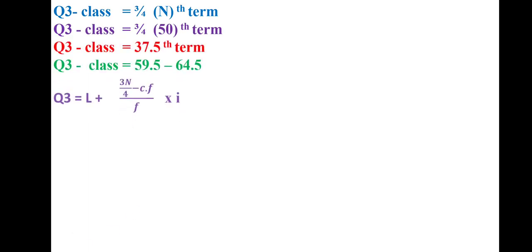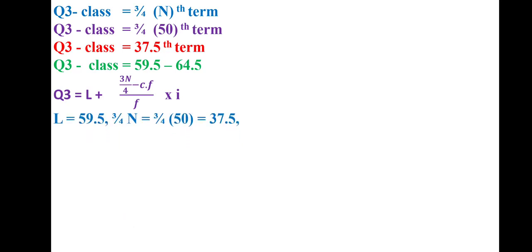Now we use the formula: L plus (3n by 4 minus CF) divided by F, into I. L is the lower limit of the Q3 class, 59.5. 3 times n by 4 is 37.5. CF is the cumulative frequency, the previous value of the Q3 class, 34. F equals the frequency of the Q3 class.